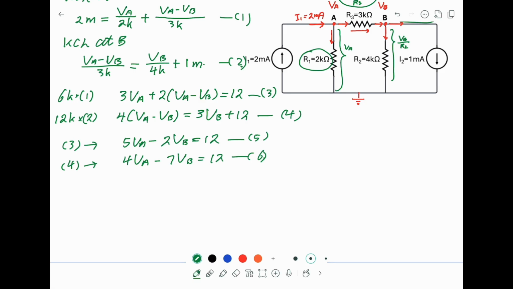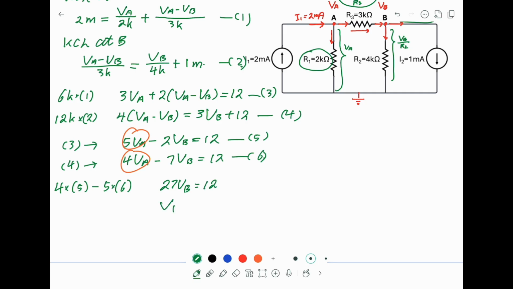So I will say 4 times 5 minus 5 times 6. From here, I can eliminate VA. And what I get is 27 VB equal to 12.